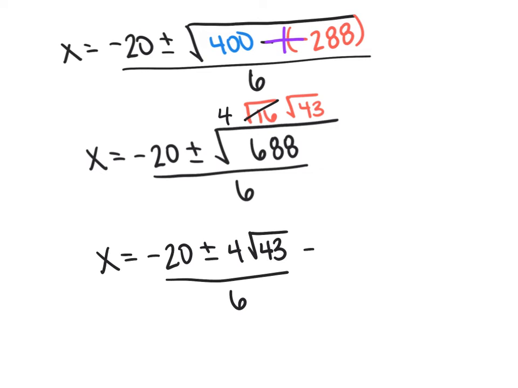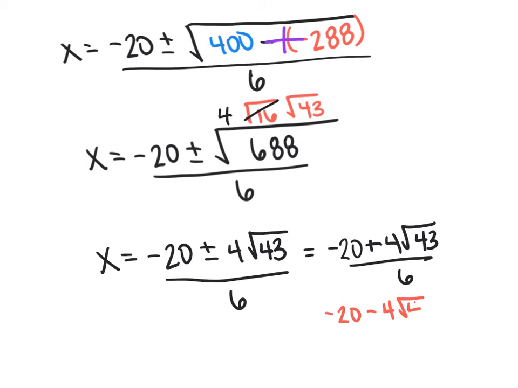And from here, we need to break this up into 2 parts using the plus and the minus. So we're going to get negative 20 plus 4 square roots of 43 over 6, or we're going to get negative 20 minus 4 square roots of 43 over 6.